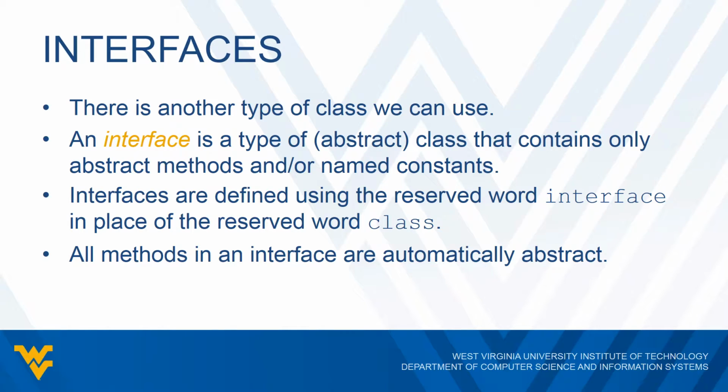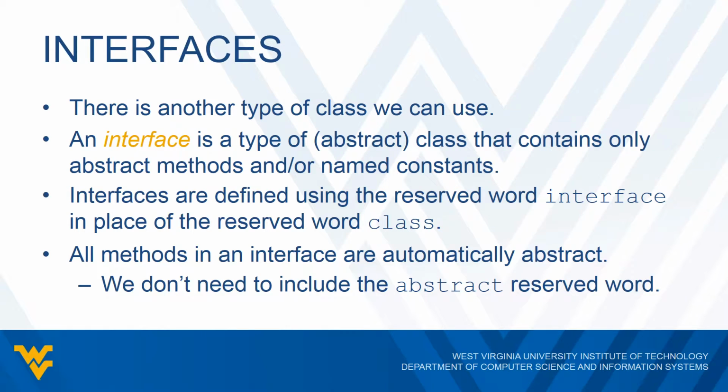Well, all the methods in the interface are automatically abstract. We can't have any non-abstract methods. All the methods have to be abstract. So that means it's not necessary to include the abstract word. We don't have to say public interface abstract or public abstract interface some class. We can just say public interface. Because we have the word interface, Java already knows that's an abstract class.